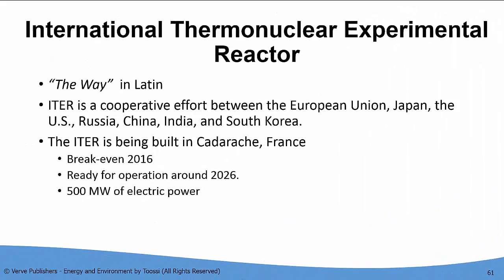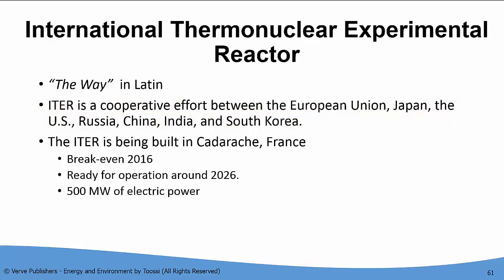This approach is being used in the International Thermonuclear Experimental Reactor, or ITER, which means "the way" in Latin, and is a cooperation between many different countries: US, European Union, Japan, Russia, China, India, and South Korea.